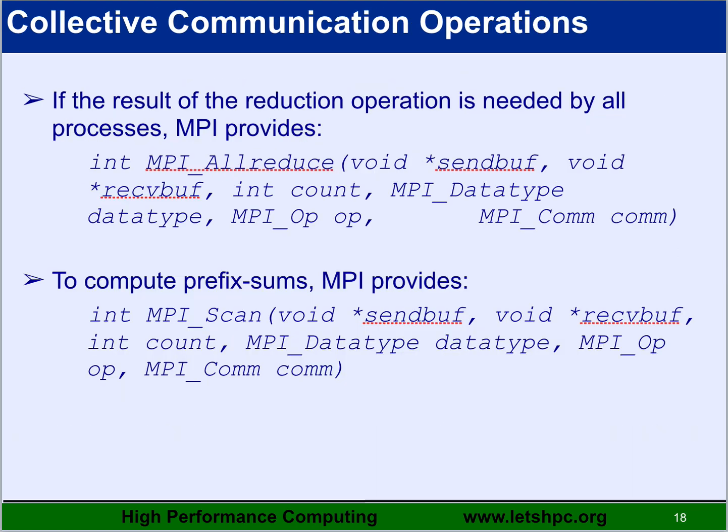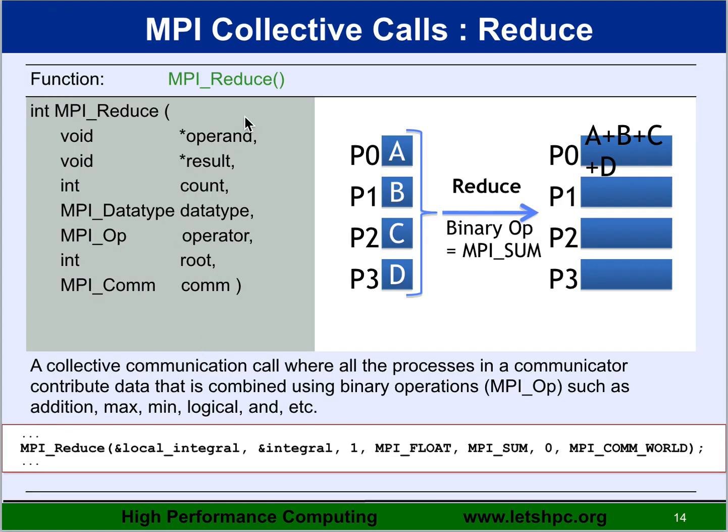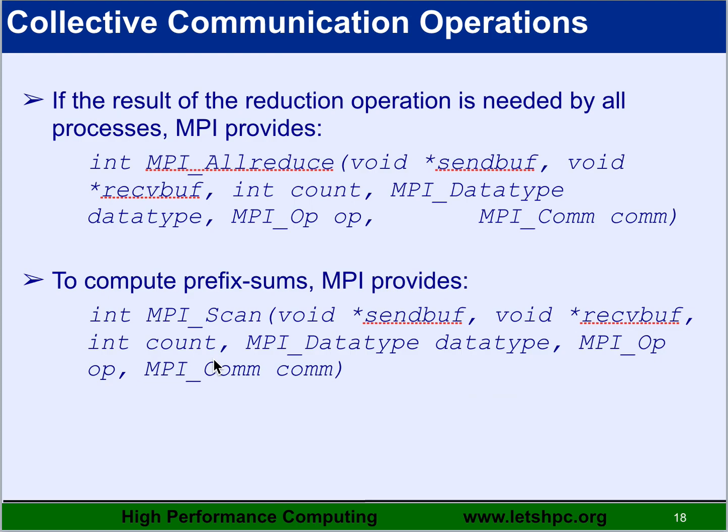There are other operations such as MPI all reduce. If the result of the reduction operation is needed by all processes, because in the previous example we have just seen MPI reduce, where the result is only available with P0, but if we want the result to be available with all the processes, then we can use MPI all reduce. We can also use MPI underscore scan to perform scan operations. We have already discussed the scan algorithm in one of our previous lectures.